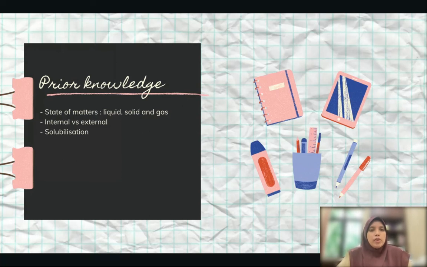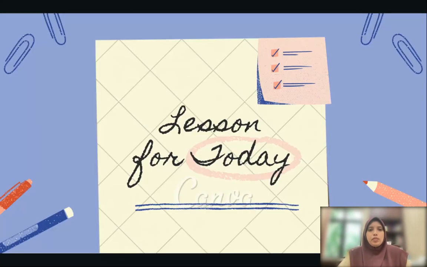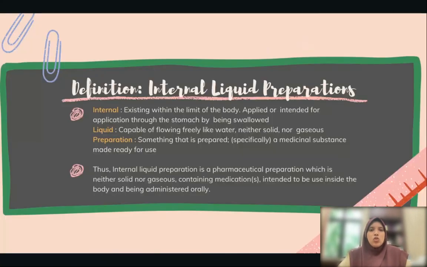You should know already, even before this, the difference between internal and external. And also, you should already know about solubilization, which means how to solubilize powder in water. So for the lesson for today, we will discuss more on the internal liquid preparation.